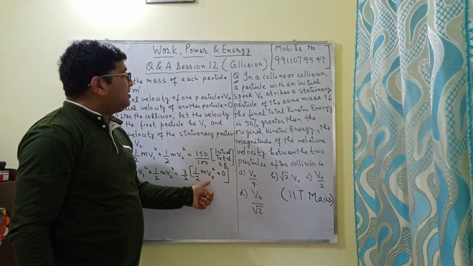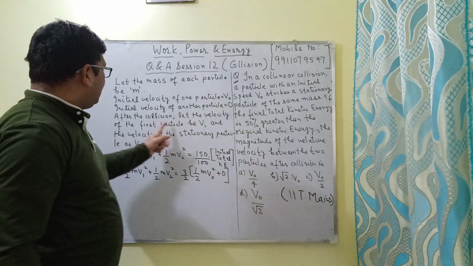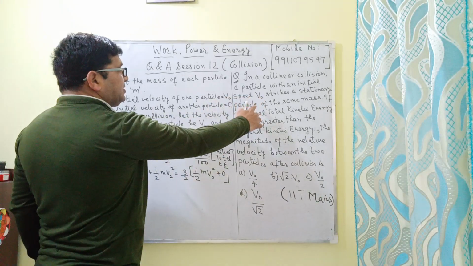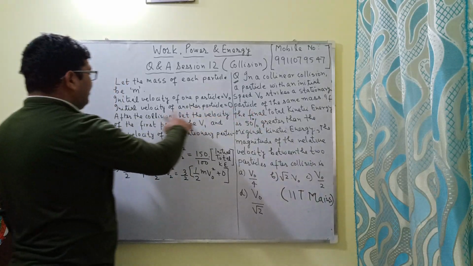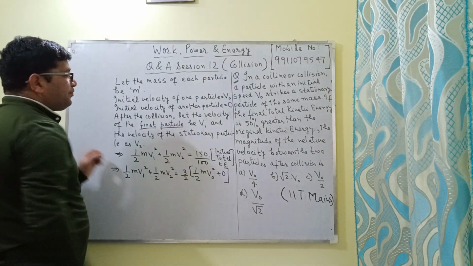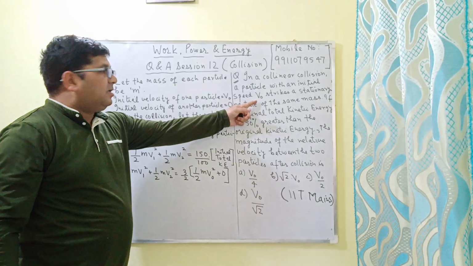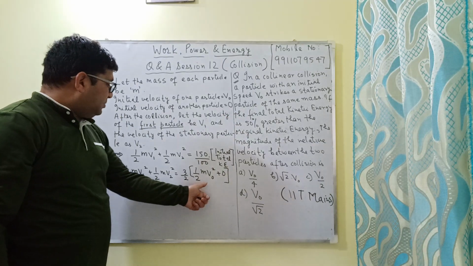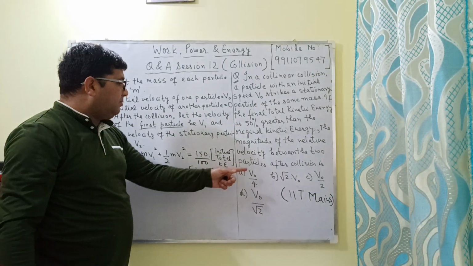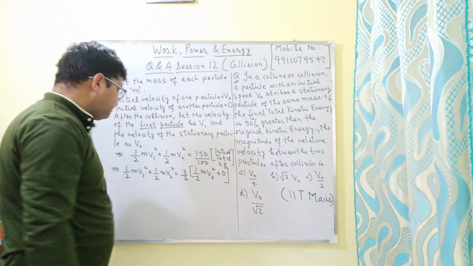Here I have taken the particle which is striking the stationary one as the first particle. So the velocity of this first particle was v naught before the collision, and the total kinetic energy before the collision will be equal to half m v naught square plus 0.